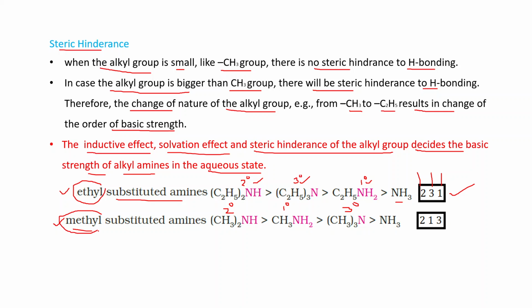The methyl group is smaller than the ethyl group. And if we arrange secondary, that is 2, primary 1, and tertiary 3, this is a smaller number, 2, 1, 3, for methyl substituted amines, and 2, 3, 1 is the larger number for ethyl substituted amines. This is the shortcut method to remember this order. Is it clear?